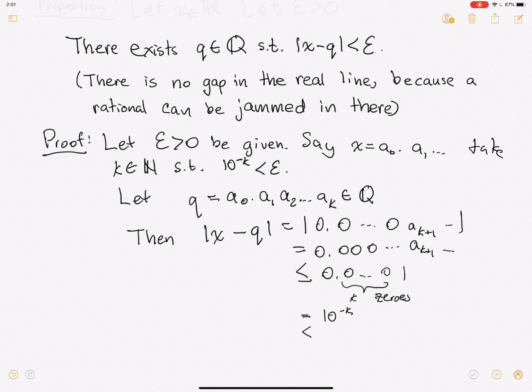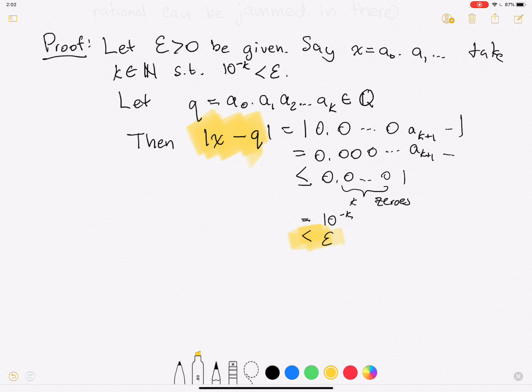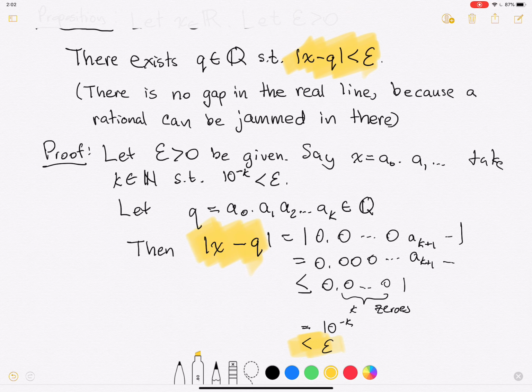And we chose this number, 10 to the negative k, so it's less than epsilon, thus completing the proof. We've now shown this property from this chain of equalities and inequalities. All right, that completes our construction of the reals.